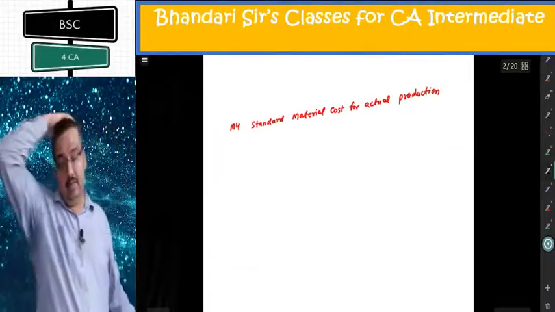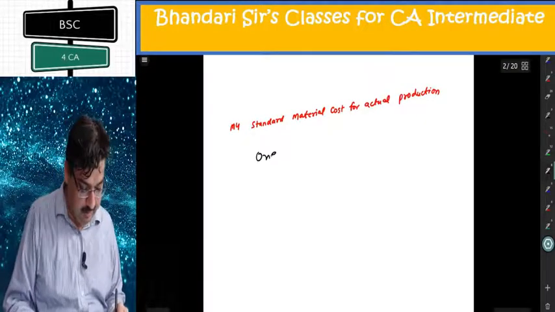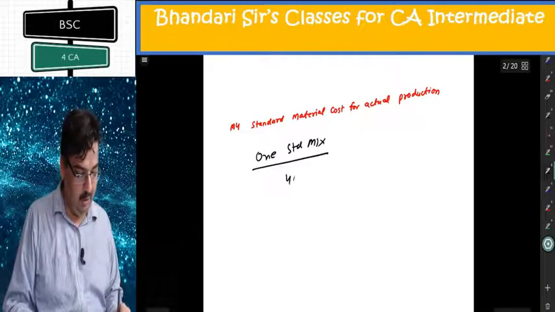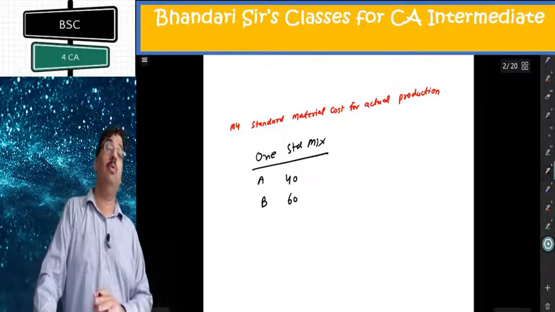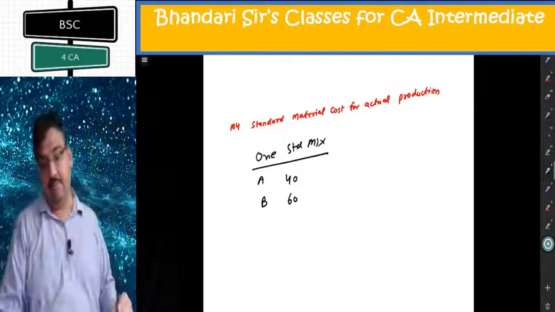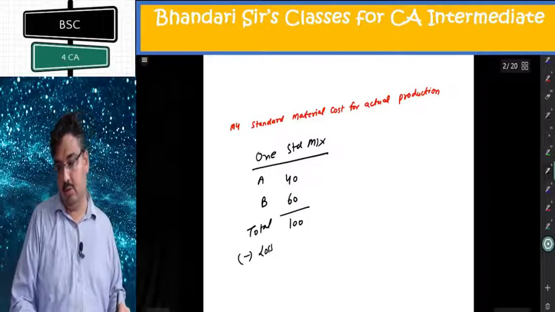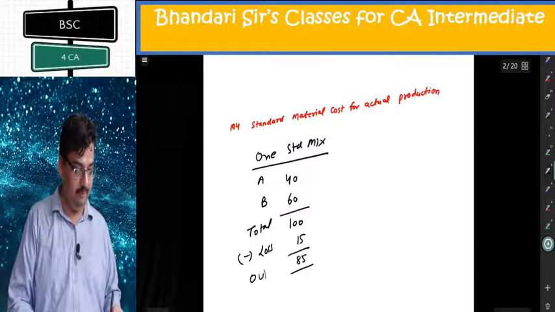M4, again, is an output-based step. For one standard mix, if I take 40 and 60 for A and B, you can take 4 crore, 6 crore. Standard cost per kg will be the same. I am having total input 100 minus loss 15. I am having output 85.